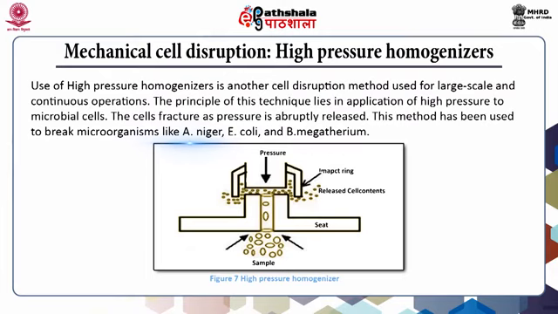These shear forces produced are not capable of damaging enzyme released in the solution, and hence it is very safe. This method has been used to break microorganisms like Aspergillus niger, Escherichia coli and Bacillus megatherium. This figure shows the basic components of a high pressure homogenizer.